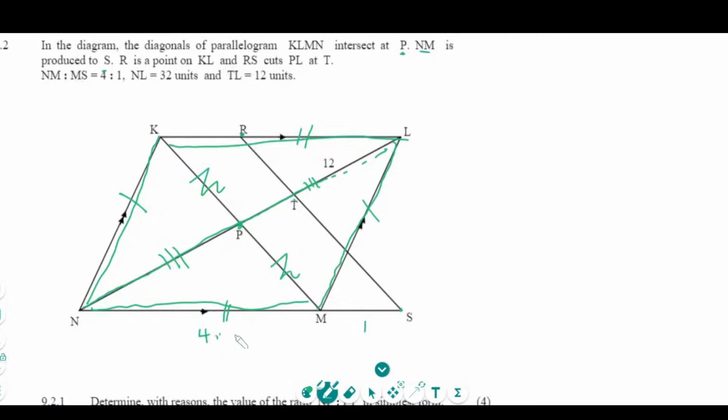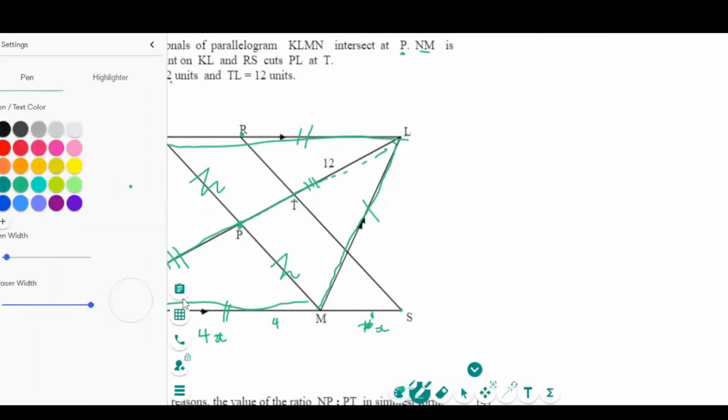I can use X or Y, or I can even leave it like that. Let me use X's here, 1X, which is the same as X. If I'm using ratios, I would prefer just leaving it as 4:1. So NL, the diagonal. Let me use a different color.